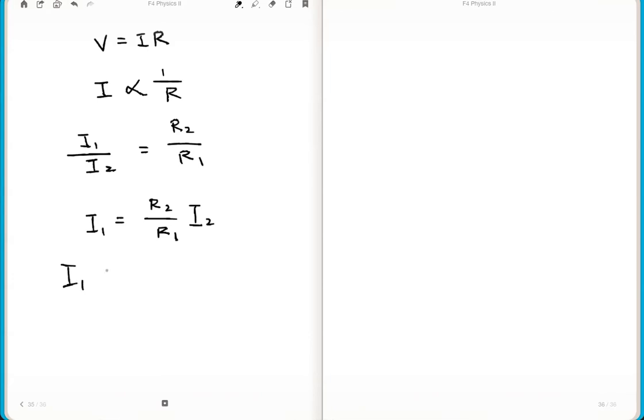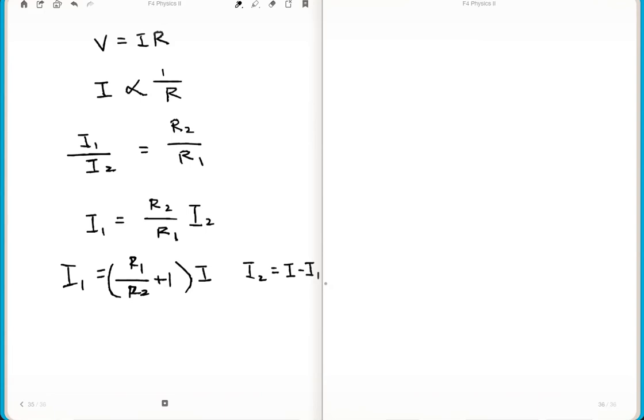Therefore, your I1 would be equal to R1 over R2 plus 1, I mean, you simplify I2 of course, times I. Change it back to here, times I, because I2 is basically I minus I1.